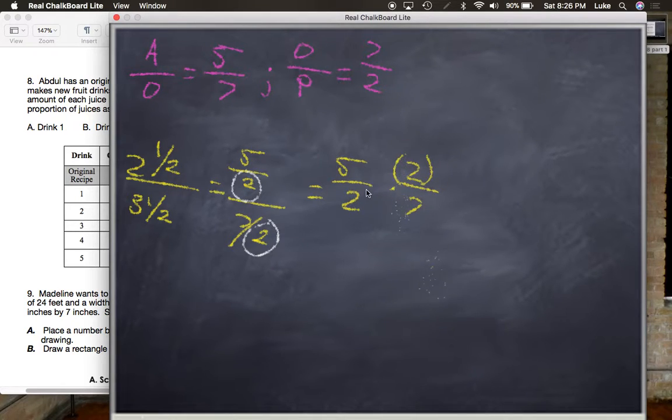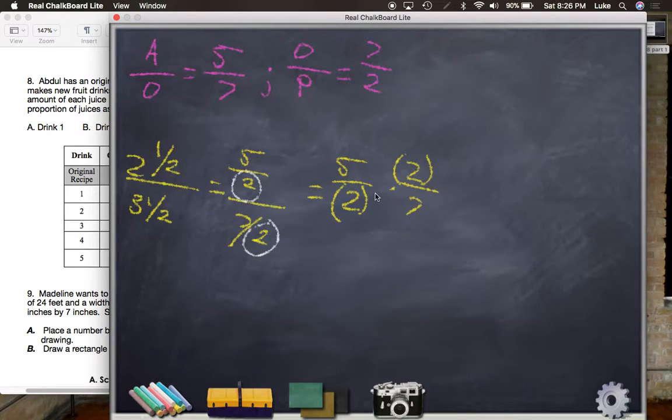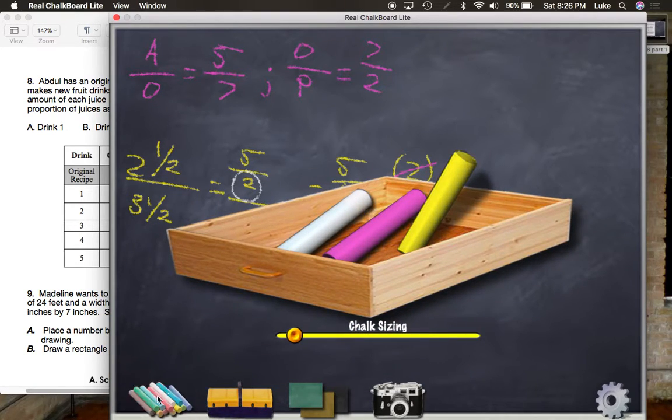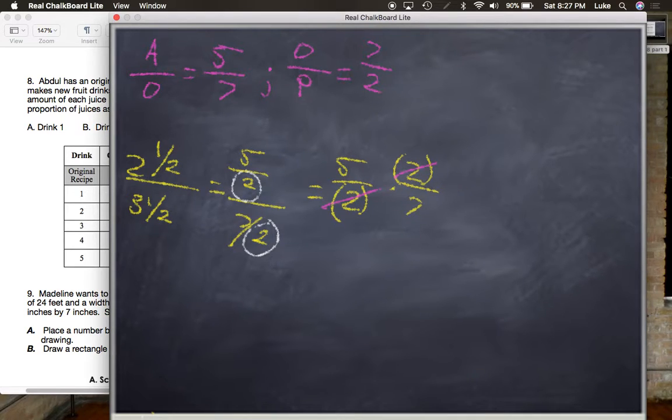We have the 2 in the numerator, the 2 in the denominator, and by the rules of fractions, when you multiply and divide by the same number, they cancel each other out. They become 1. In other words, it's like saying 2 over 2 or 1. And that leaves us with the 5 and the 7 left over in the numerator and the denominator, and that is the same proportion of apple juice to orange juice.